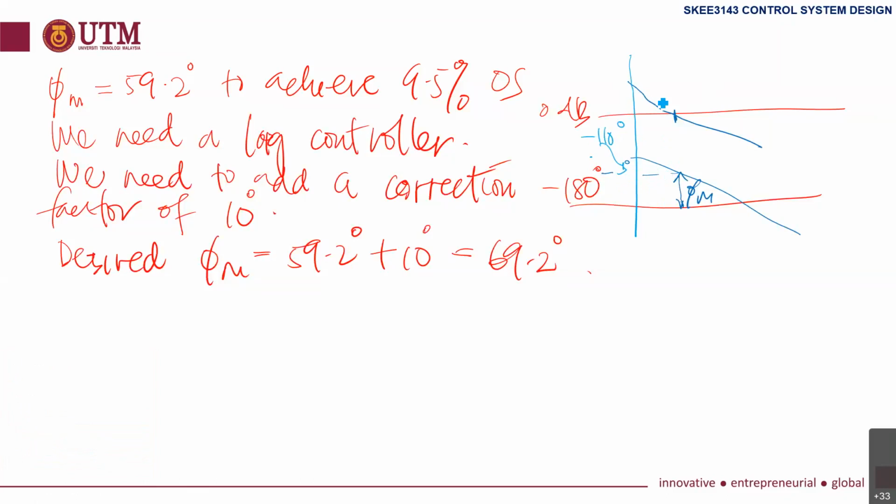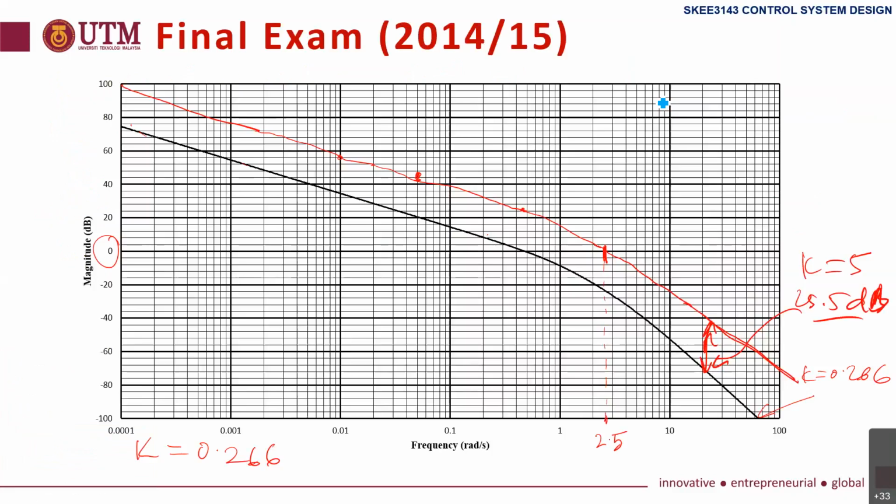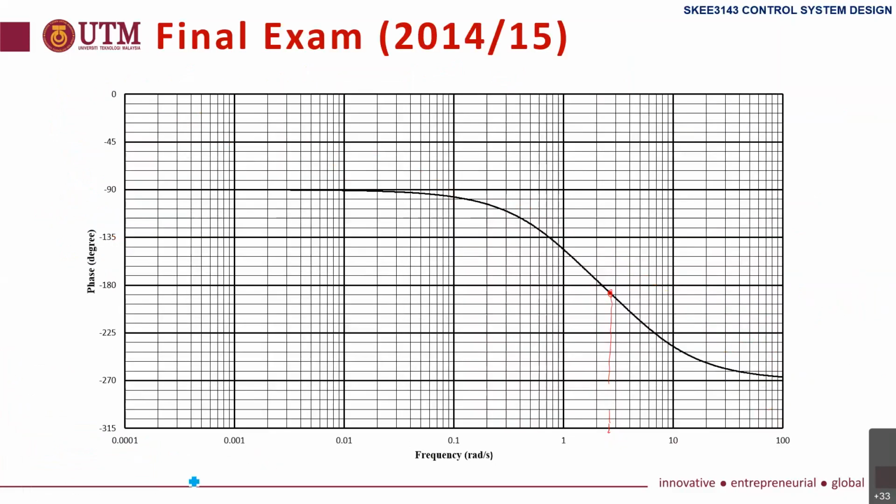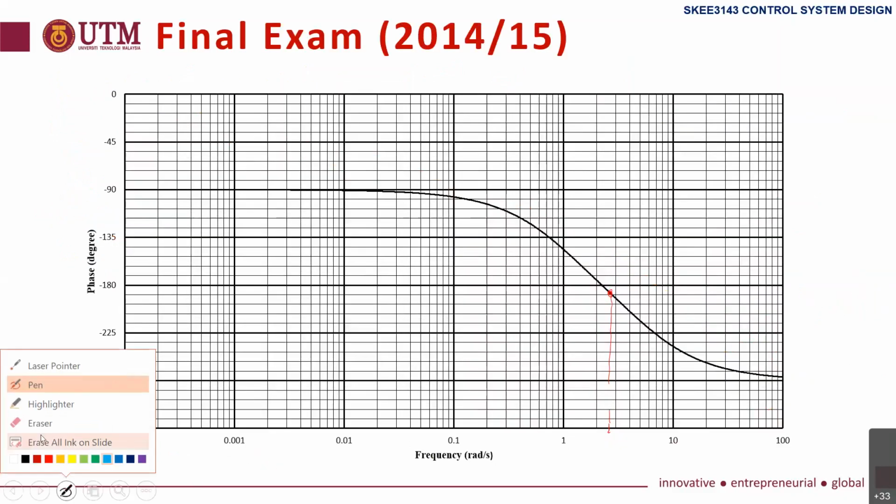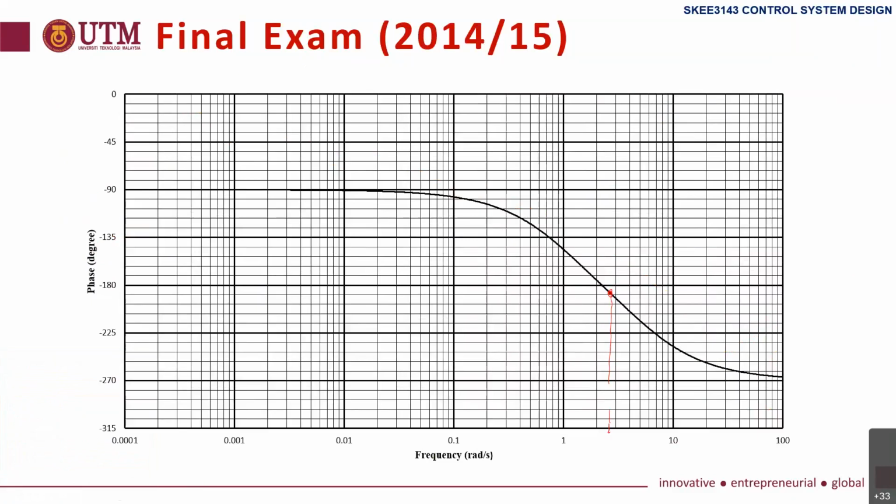Right, so we have to look into the magnitude to find minus 110 degrees. One box here, 1, 2, 3, 4, 5, 45, that means 99, 108. So about here.